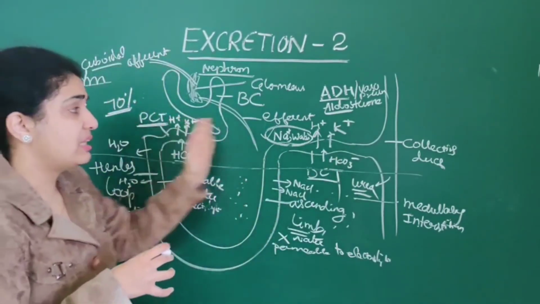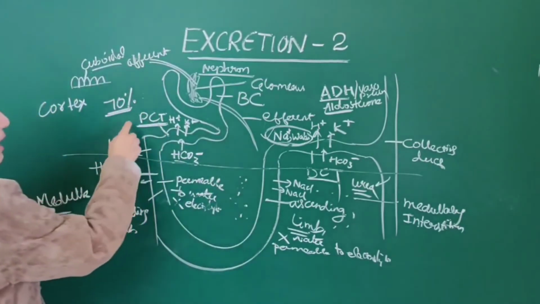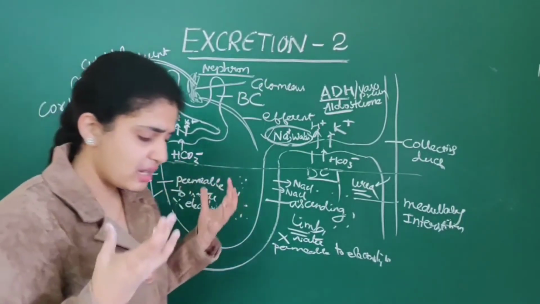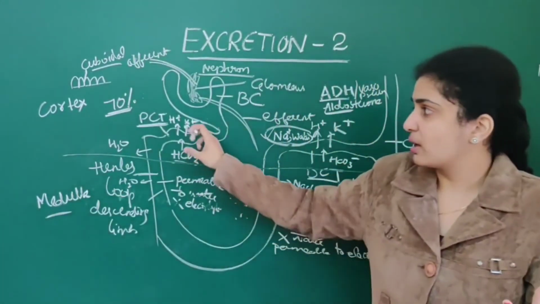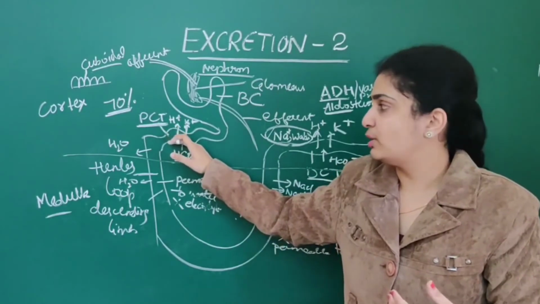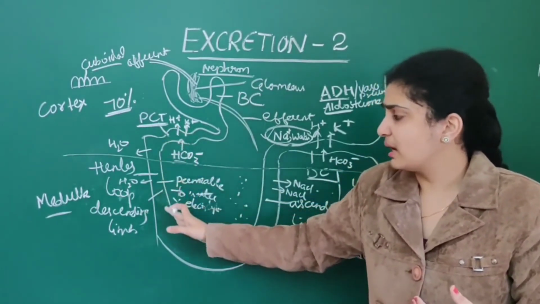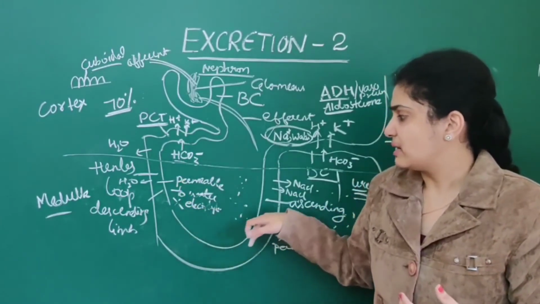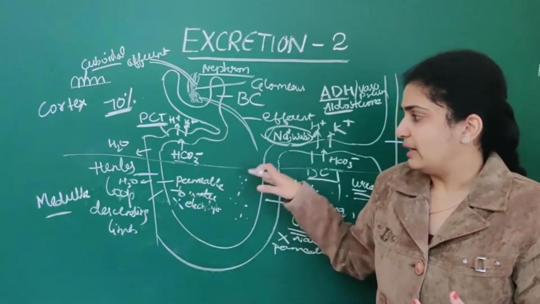Here also water will be there, but here it is of most significance. About 70%, an important NEET question: where are the maximum electrolytes absorbed? They are absorbed in the proximal convoluted tubule. From the proximal convoluted tubule, there arises a structure called Henle's loop.